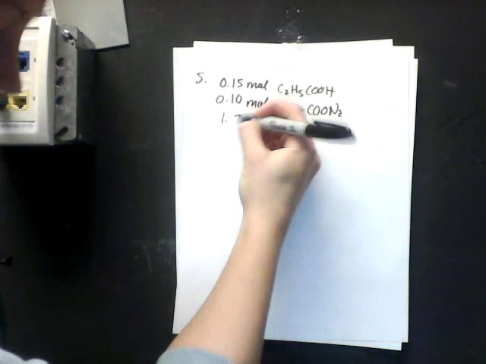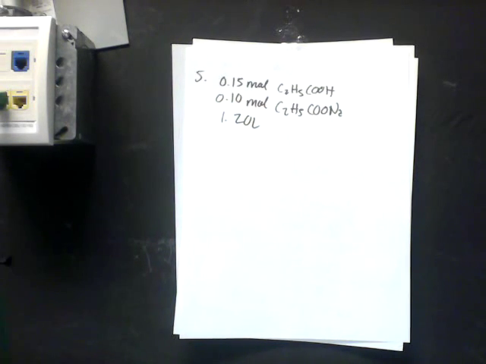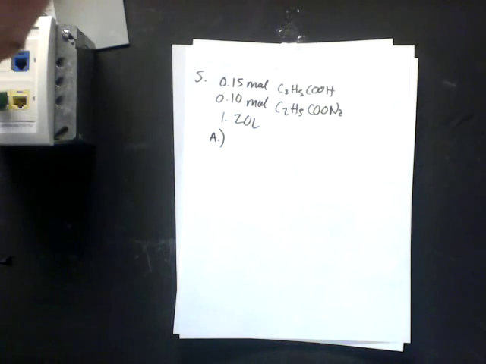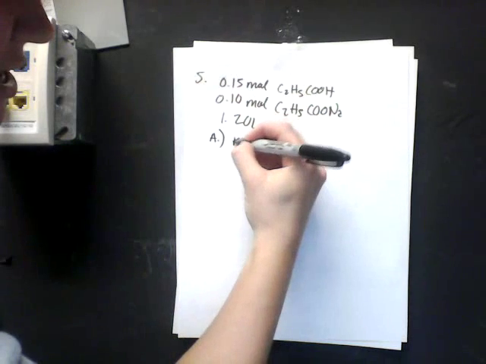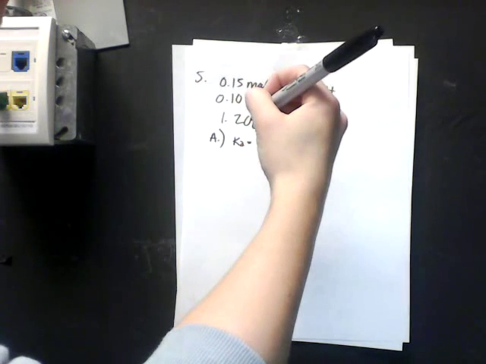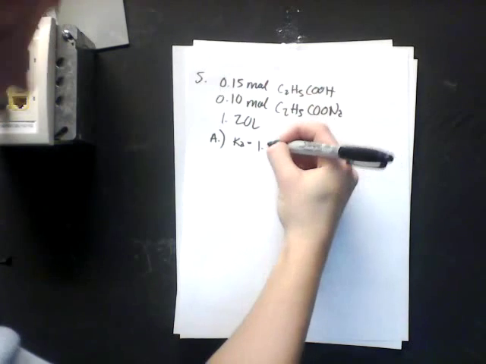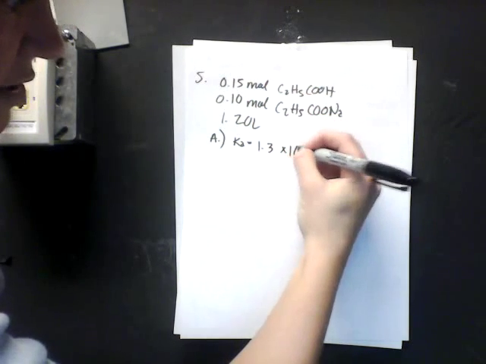So what we're going to do here is we're going to first find, and then it tells me in 1.2 liters. So we have a volume of 1.20 liters. Part A states, what is the pH of this buffer? And then it tells me that my Ka of propionic acid is 1.3 times 10 to the negative 5.